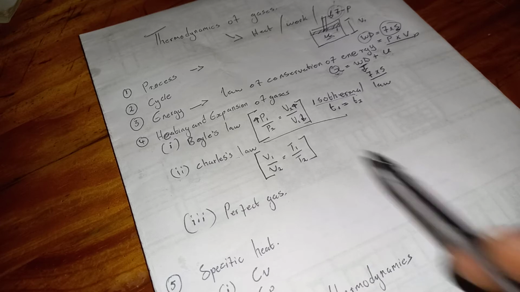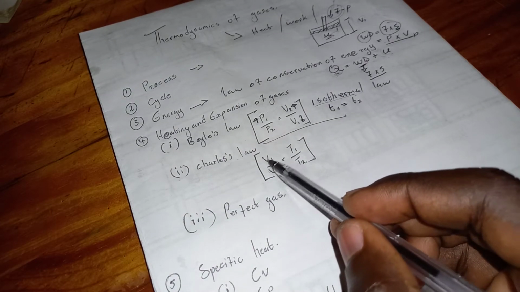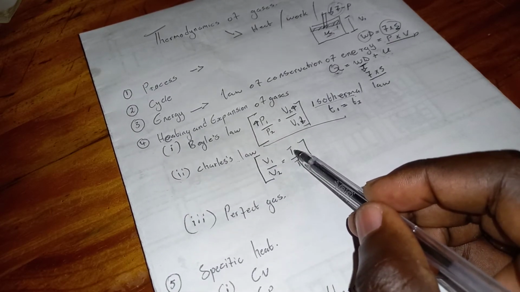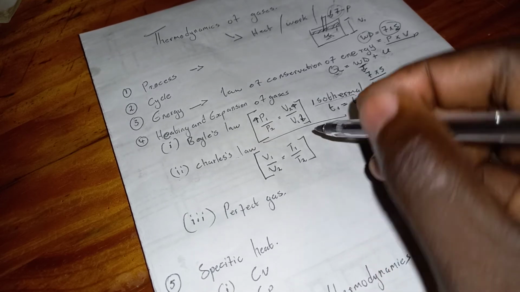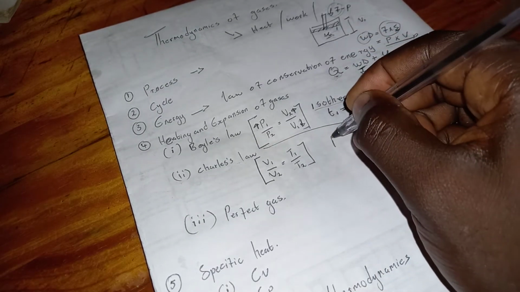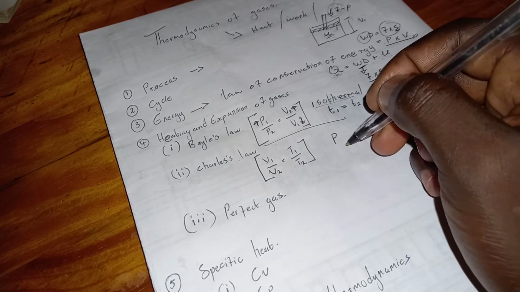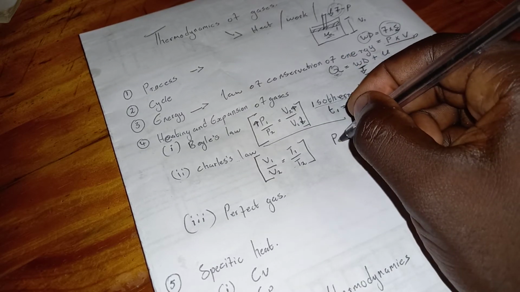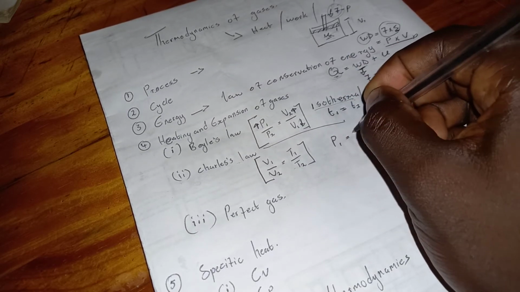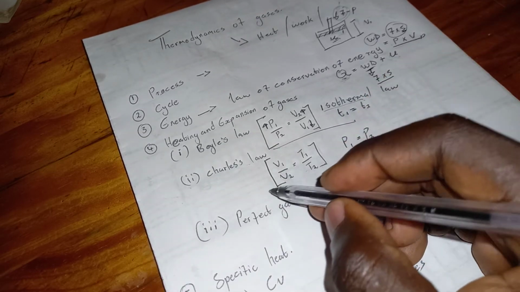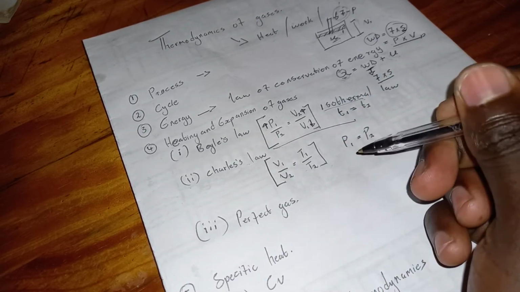So that means the volume number one is directly proportional to the temperature. In this case I will say the pressure is kept constant, that means pressure number one is equal to pressure number two. So this is the statement of Charles's law.